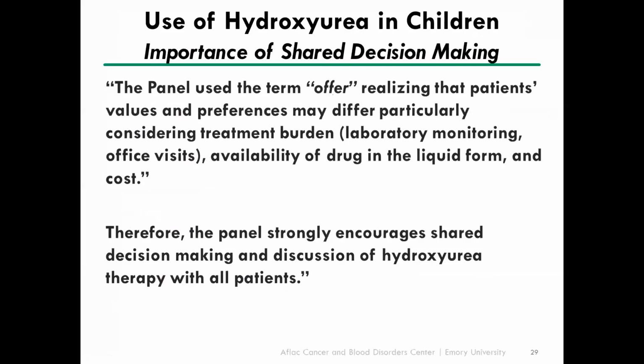And the panel that reviewed all of this evidence, some of which I've shown you tonight, felt strongly that the word offer should be used because we need to recognize that what makes sense for one family and one individual may not make sense for another, and that patients may view the pros and cons of treatment differently depending on their circumstances, and that patient and family values and preferences may differ, particularly when it comes to the downside of treatment, like how feasible is it to do all this extra laboratory testing and office visits, and also some practical issues about the availability of getting the drug in the liquid form for small children and even things like cost.